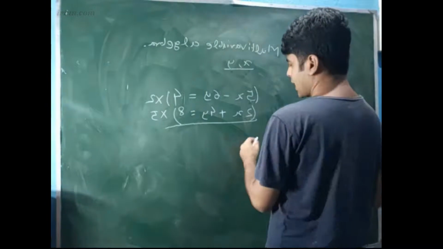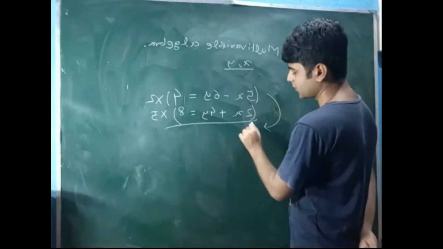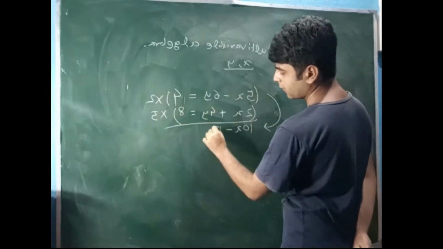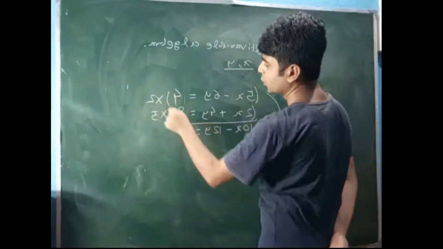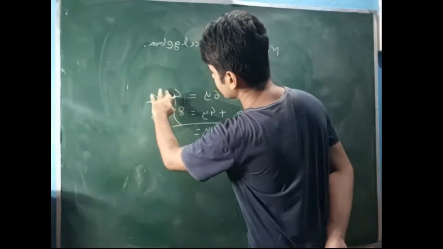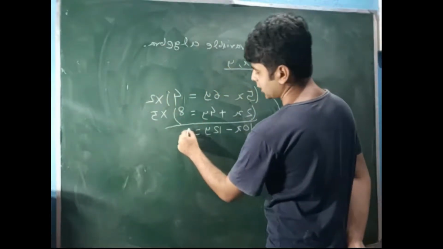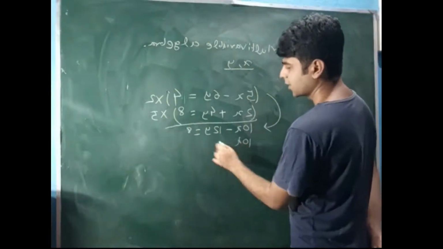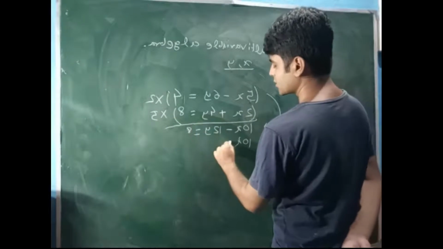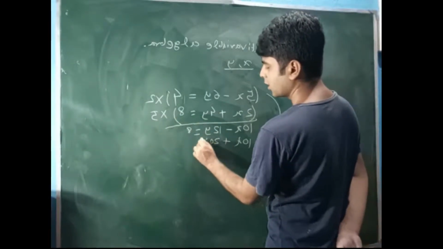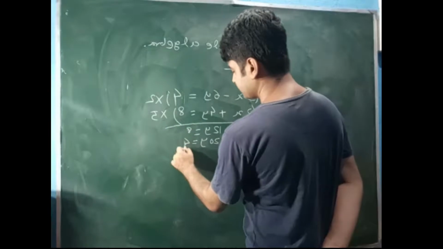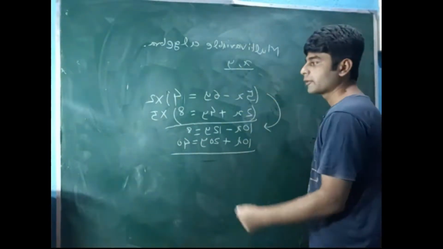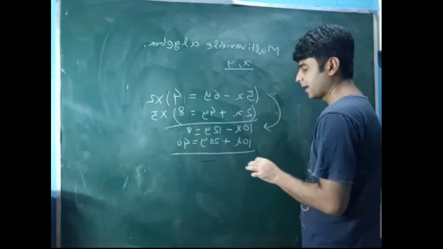So the equations become 10x minus 12y equals 2 into 4, which is 8, and 5 into 2 is 10x, 5 into 4 is plus 20y, and 5 into 8 is 40. This is the new set of equations. You have to multiply both sides to keep it balanced.